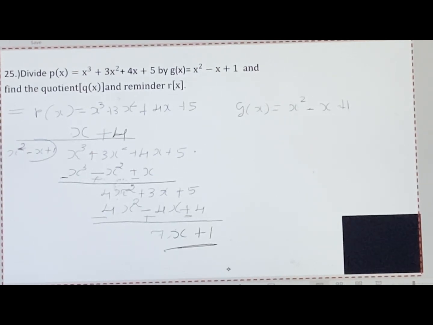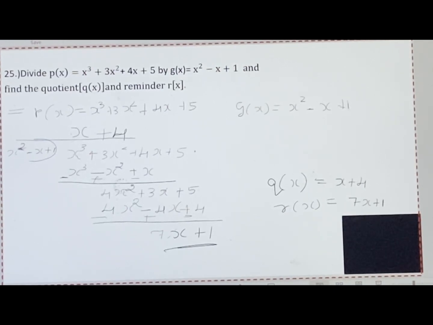So this is the quotient. So now, they asked us to find the q of x and r of x. So here q of x is nothing but the quotient, x plus 4, and the remainder is 7x plus 1.